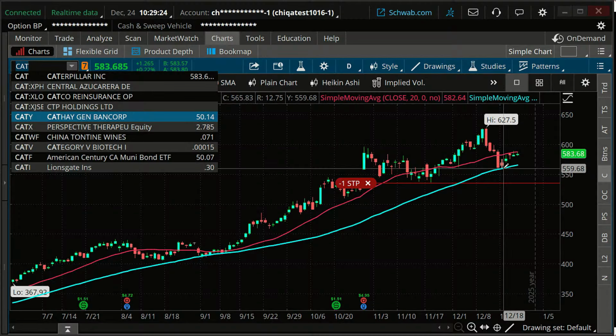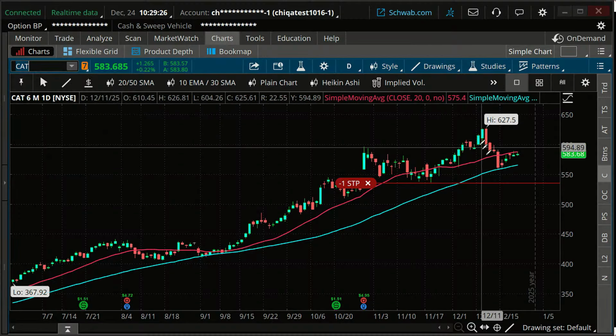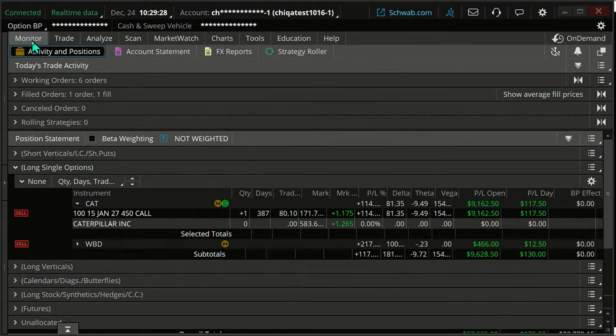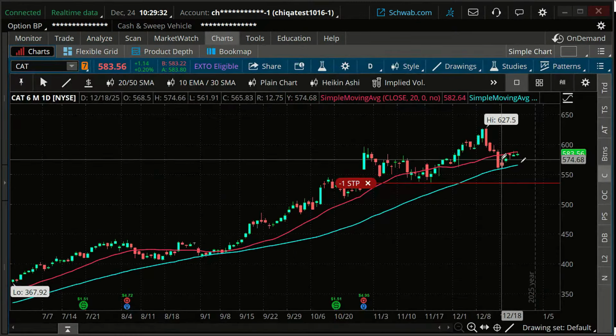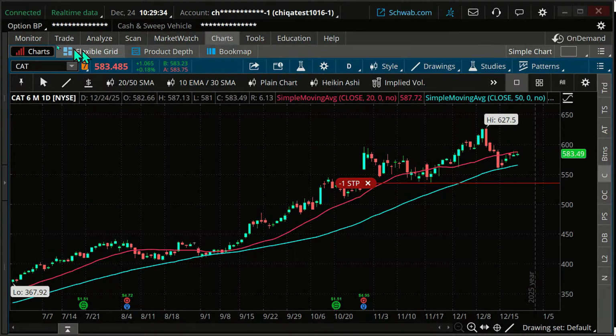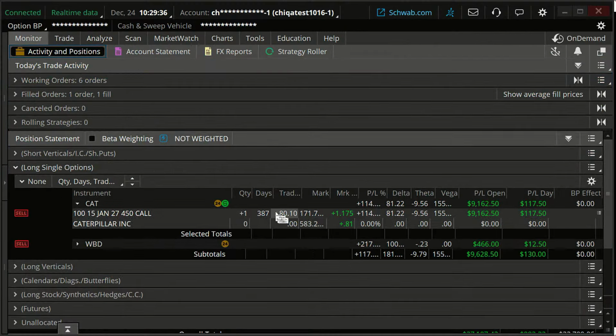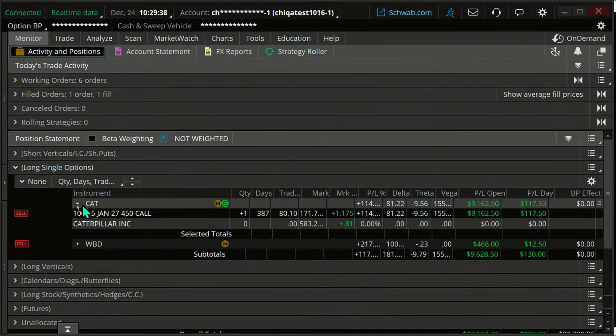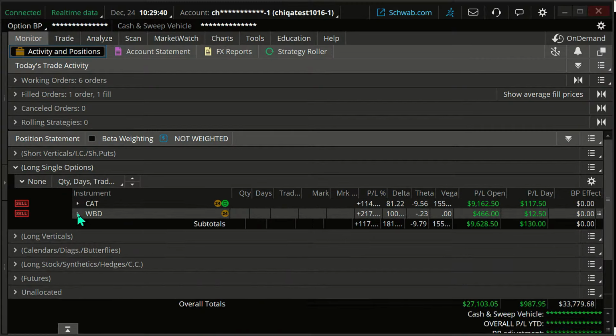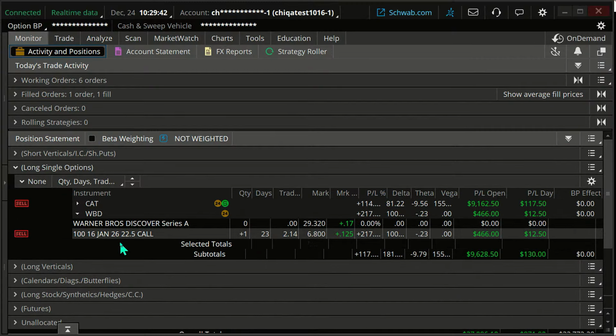So we have a tighter stop now. Since then, we had a nice little bounce. That's exactly what we wanted, so we're going to stick with this. We've got 387 days to go on this. We've talked about that trade a lot in the past. I don't want to beat a dead horse here.